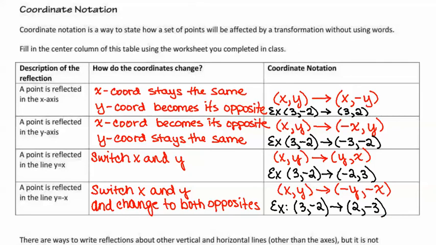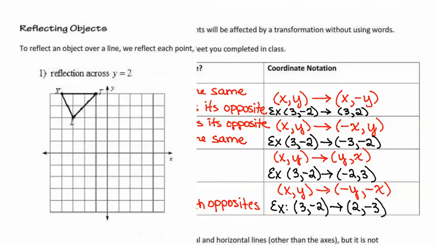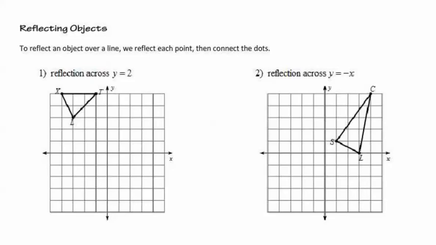Okay, so we progress to the second page of our notes. We're going to start on this second page reflecting an object over a given line. You're given a polygon of some sort in each of these, and you're given a line of reflection. And there's 2 ways that you can do these. If the line of reflection is one of them off the table we just talked about, y equals x, y equals the opposite of x, the x-axis or the y-axis, then we can do it with coordinate notation.